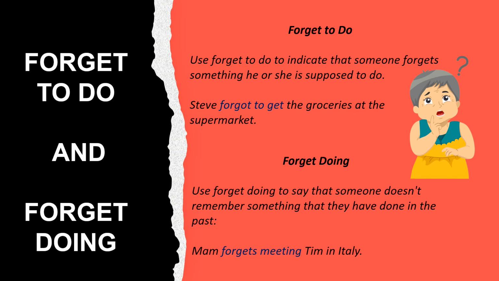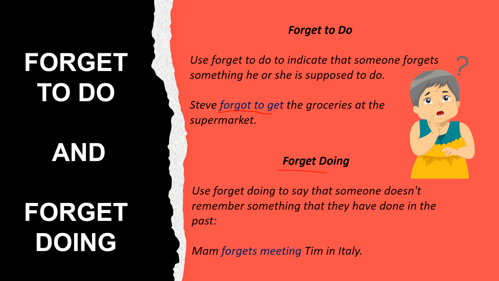Forget to do is to indicate that someone forgets something he or she is supposed to do. For example, Steve was in charge of getting some groceries at the supermarket, but he forgot it. So we are going to use Steve forgot to get the groceries at the supermarket.